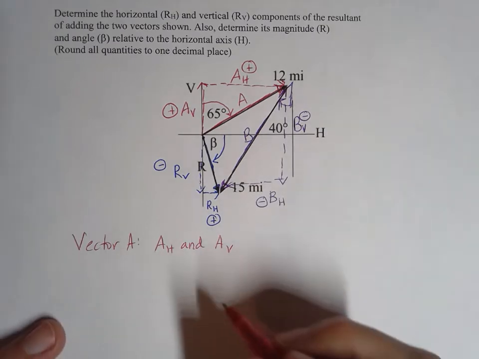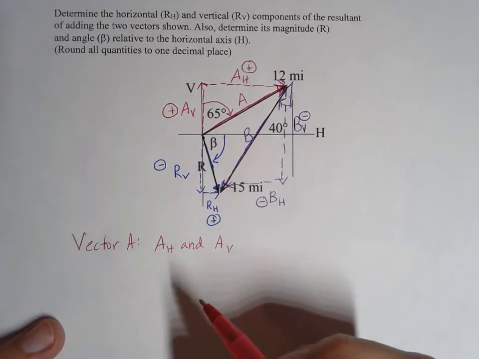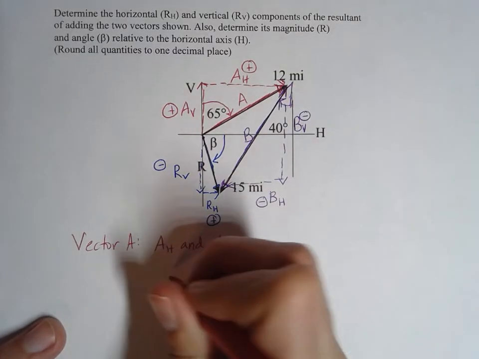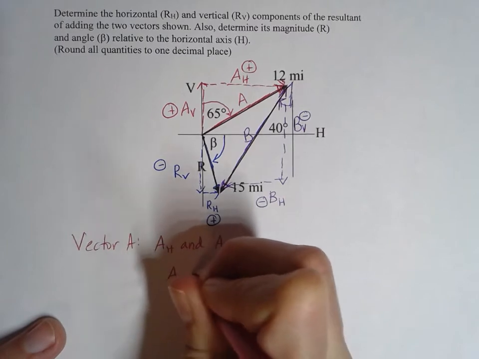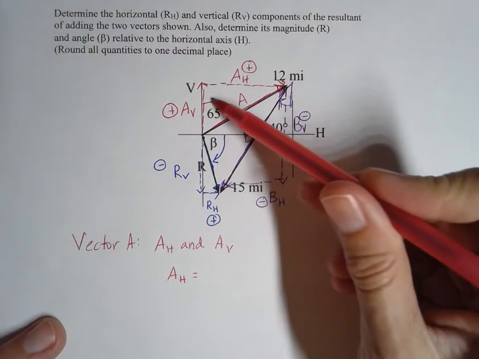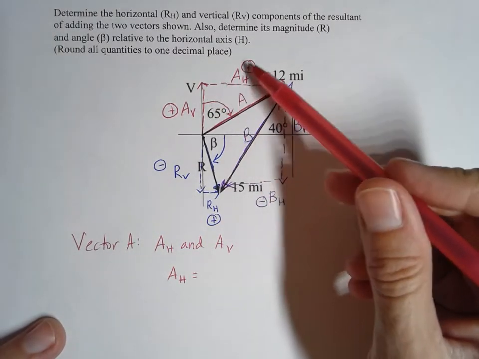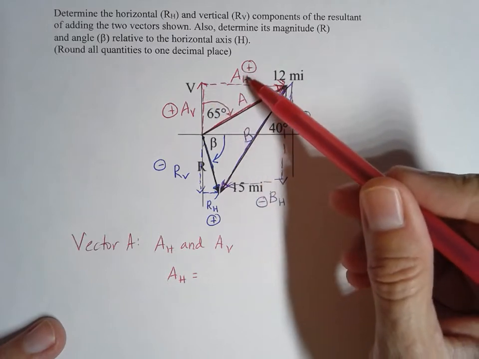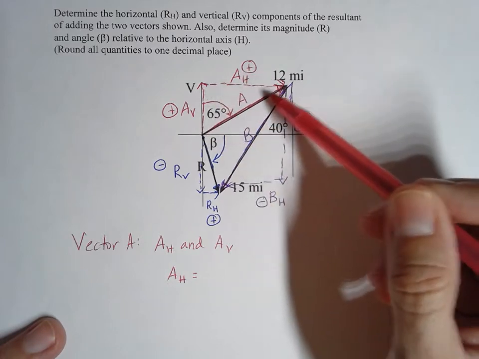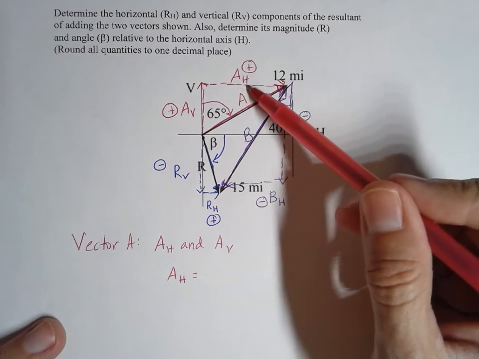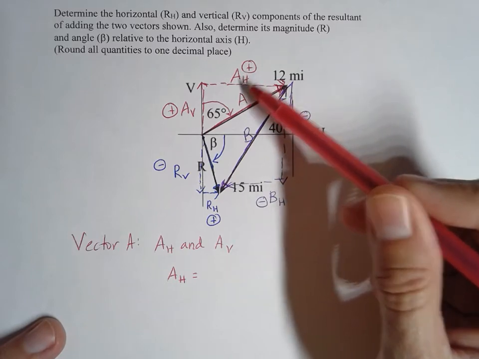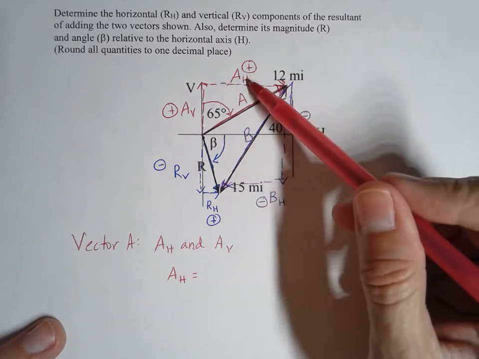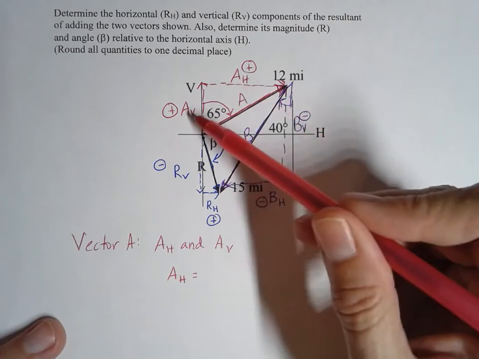All right, let's solve for these components then, starting with vector A. I'll start with that horizontal component. I can see that my angle is coming down here, and so when I compare this A sub h to my angle, thinking about my triangle, A sub h would be the opposite leg to this angle, and this would be the adjacent leg.